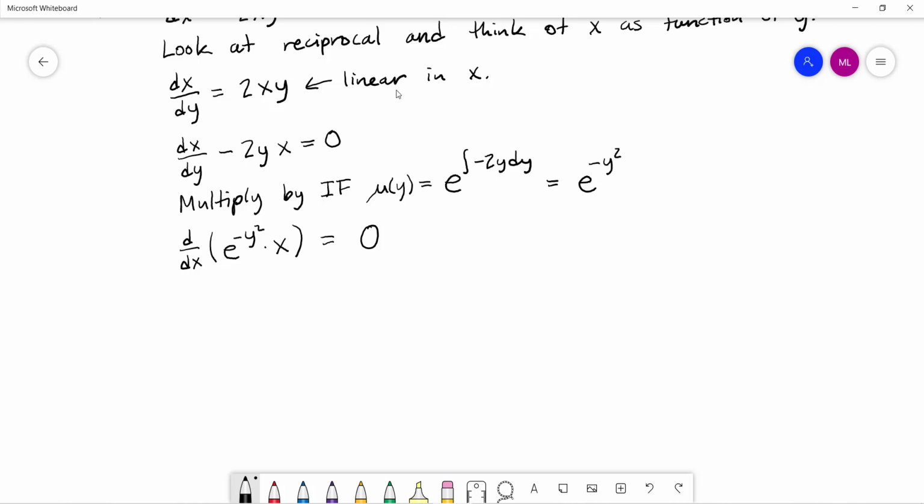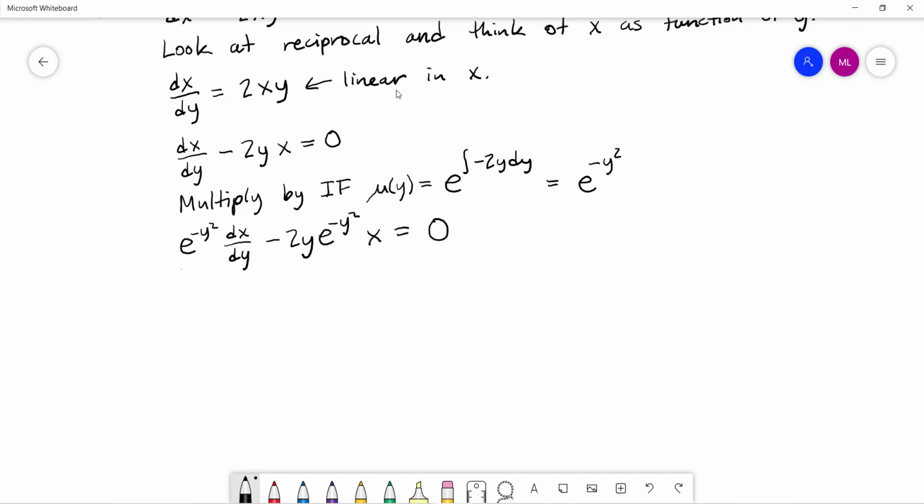And so let me not skip steps. Just so I don't confuse anybody, let me go back and make sure I'm not losing anybody here. So I'm going to rewrite this as e to the negative y squared times my dx dy term minus 2y e to the negative y squared times the x term.